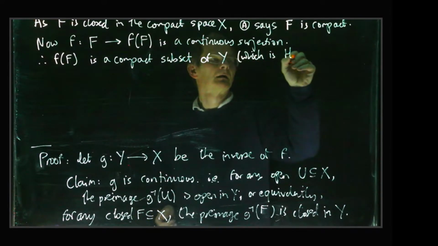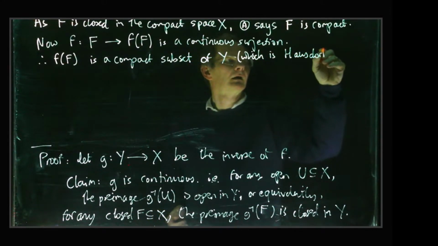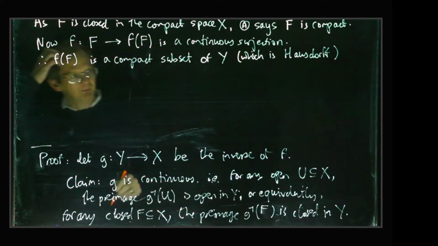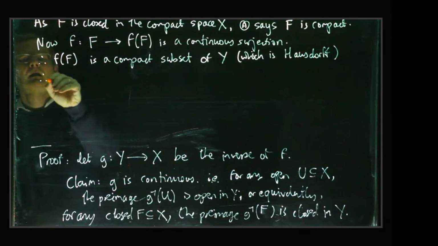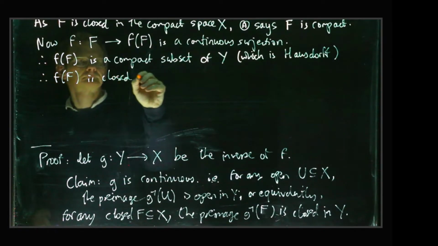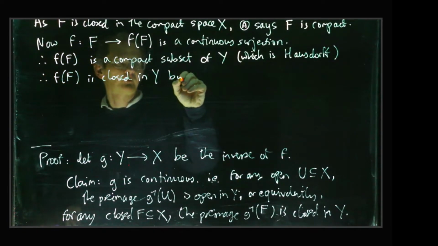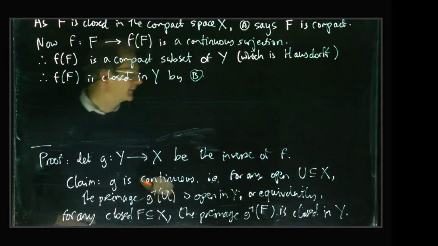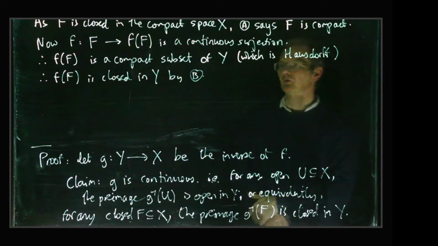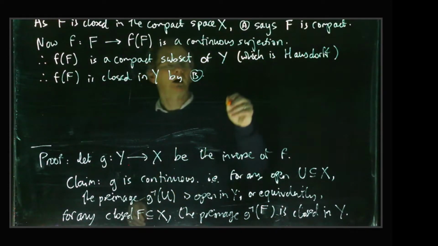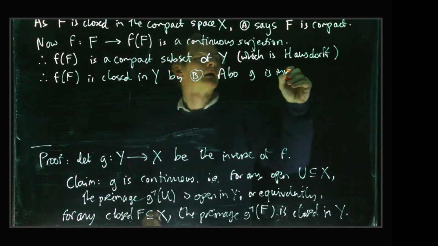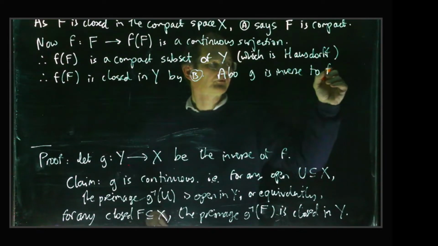and the hypothesis of our theorem is that Y was supposed to be Hausdorff. Okay, so we have a compact subspace of a Hausdorff space. Therefore, f of F is closed in Y. This was the fact B that we mentioned on the initial screen. Any compact subspace of a Hausdorff space is automatically closed. And also g is inverse to f.